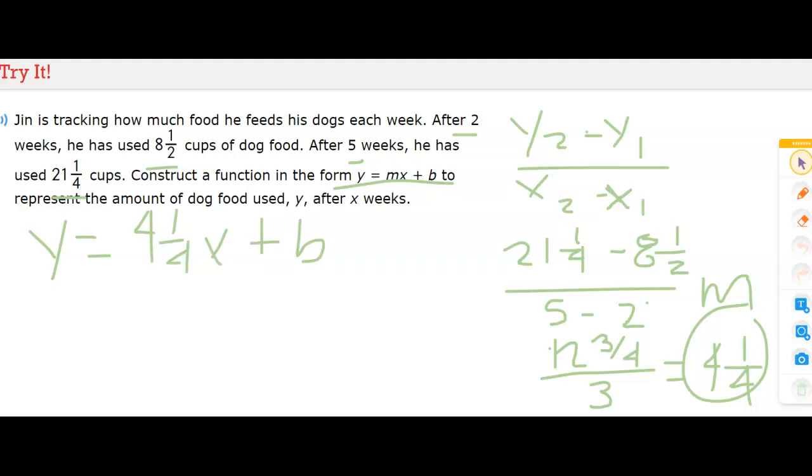Now it says that now that we have our slope, we need to find the amount of dog food used, y, after x weeks. And oh no, we don't have to solve, so we just use the slope to have our equation completed with the slope. That's it.